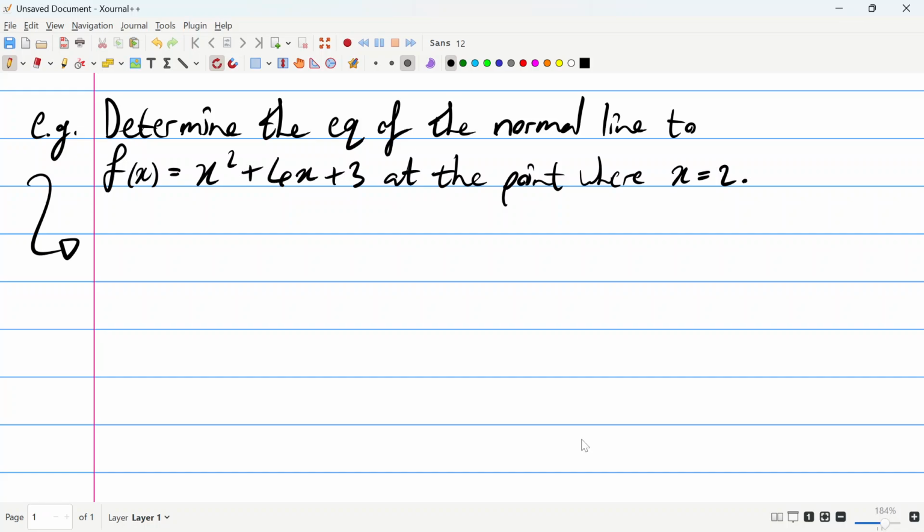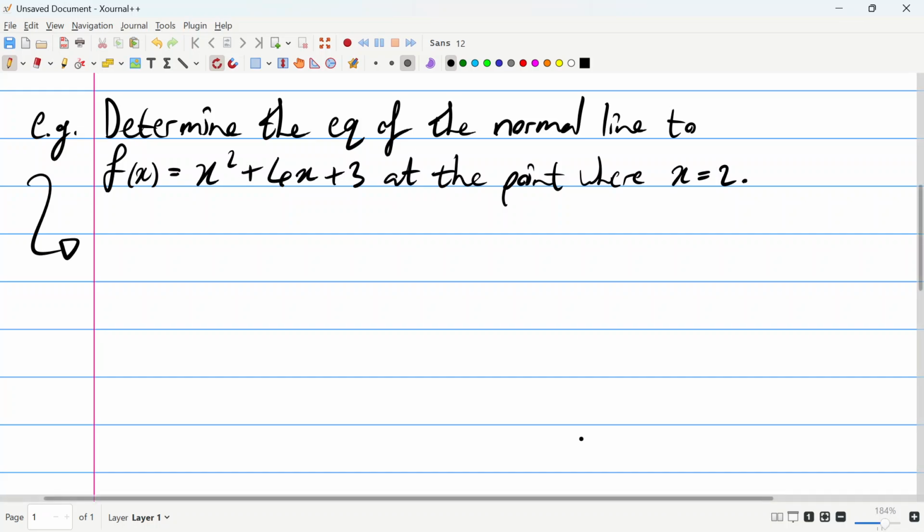At the point x equals 2, and then we need to use the formula and multiply by -1 over the tangent to find the normal line, right? Okay, let's get into the example already, and then we'll see how this is going.